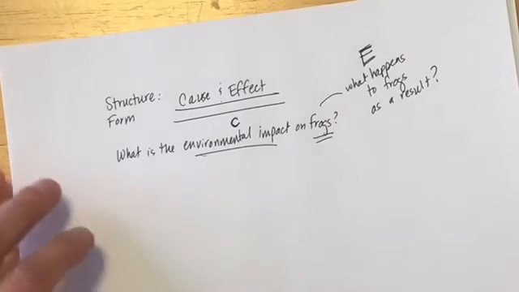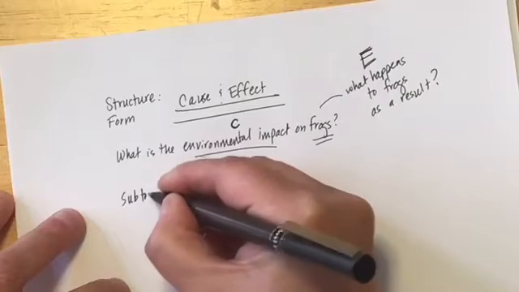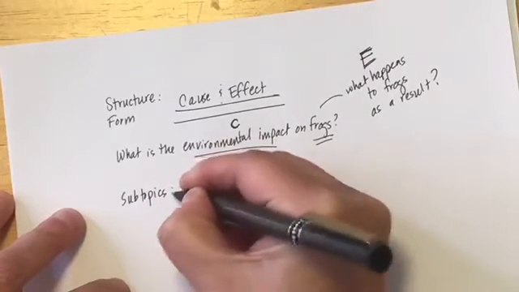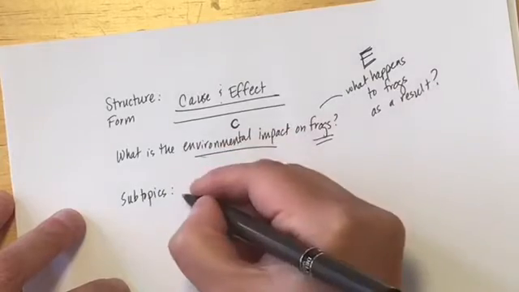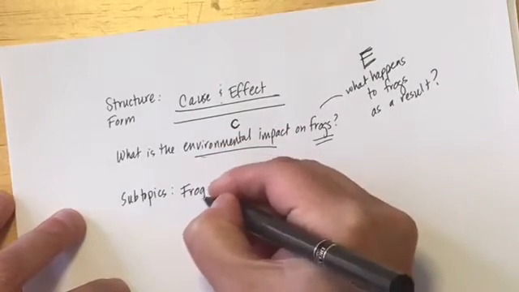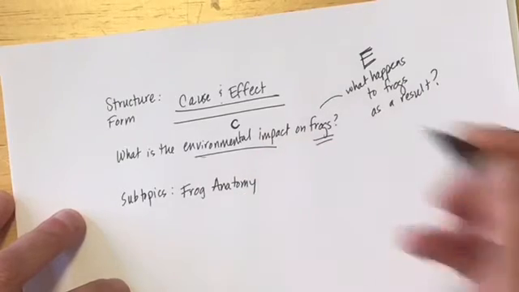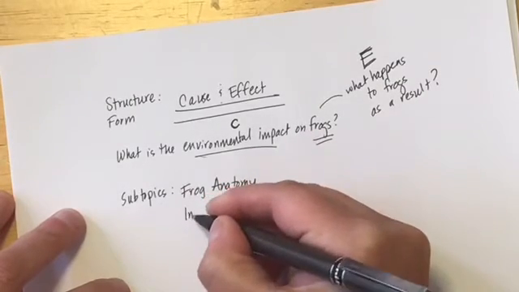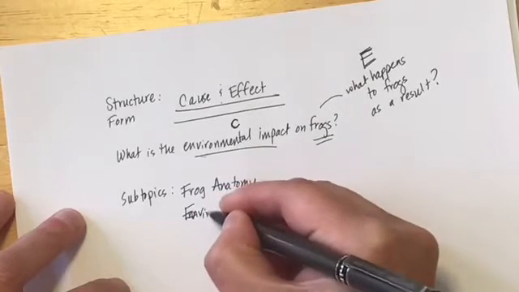And then my subtopics included, I'm going to put that over here, so I'm just going back through thinking about my writing and how I'm going to teach it in the best possible way. So one of my subtopics was about frog anatomy. Another was about environmental impacts.